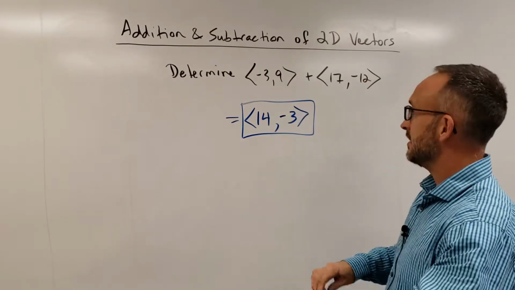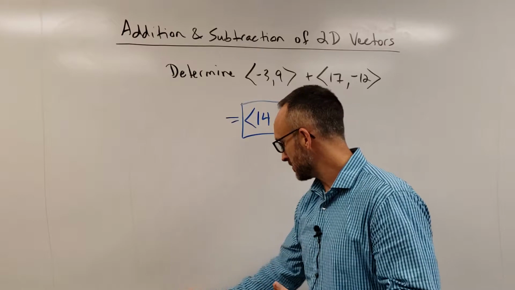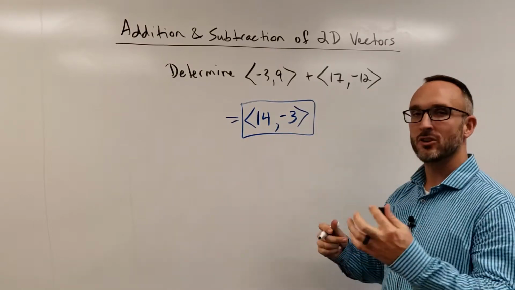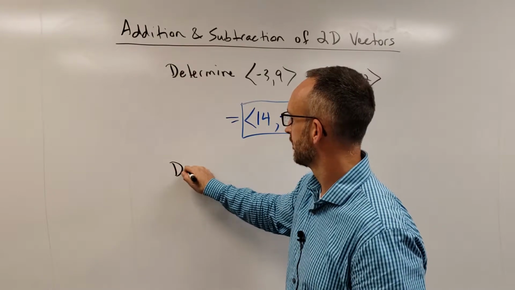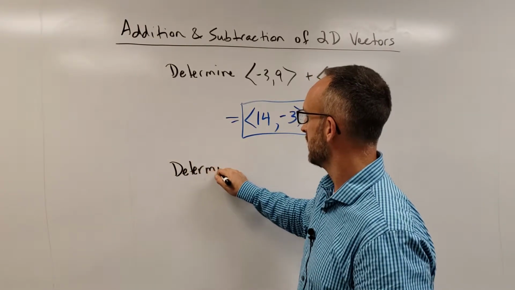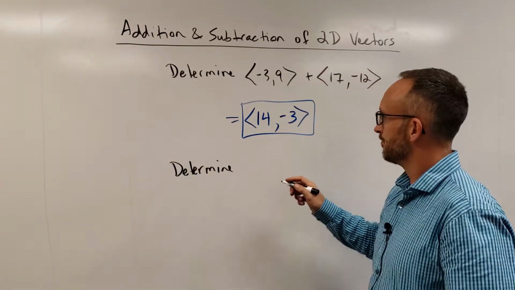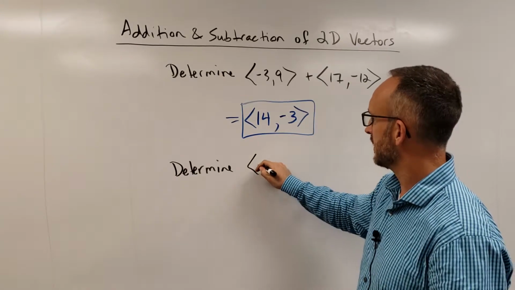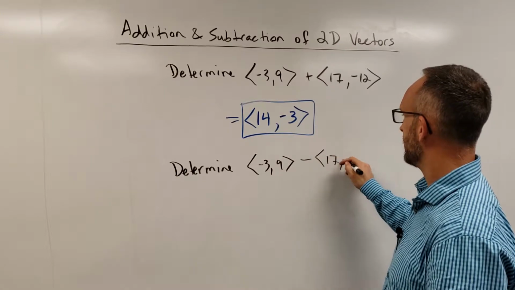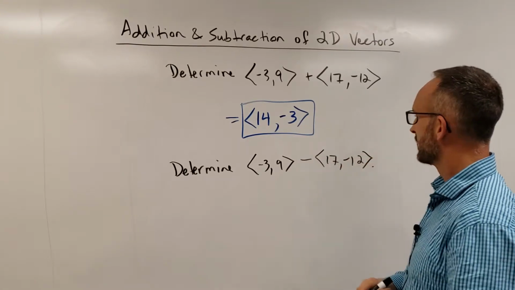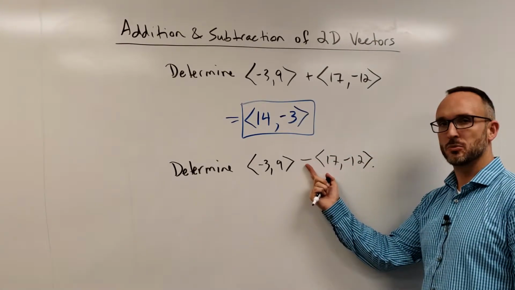Now, there's an advantage sometimes to writing your vectors using your ij notation. So let's look at another one. Let's determine <-3, 9> minus <17, -12>. Now you may wonder how to do this because it's subtraction.